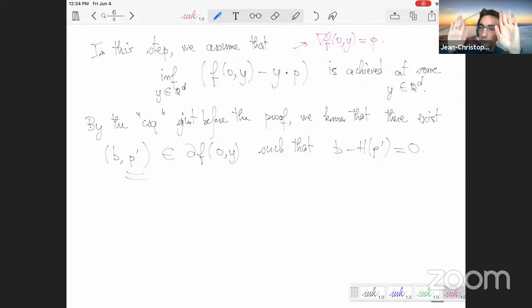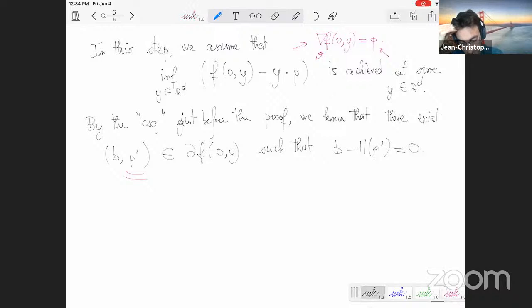But when the time is frozen to 0, the function is c1. So there's only one possible point in this subdifferential in the space variables, and it's the gradient of f at (0, y). And this gradient is p.